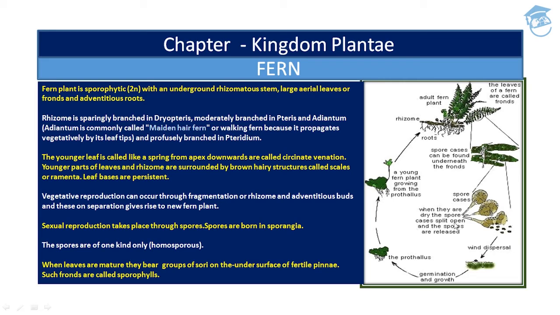When they are dried, the spore cases split open and the spores are released and dispersed through wind, and then germination takes place in the substratum, and finally growth of the prothallus takes place, and a young fern plant growing from the prothallus is seen that develops into an adult fern plant eventually. Okay, I hope it is clear to you now.